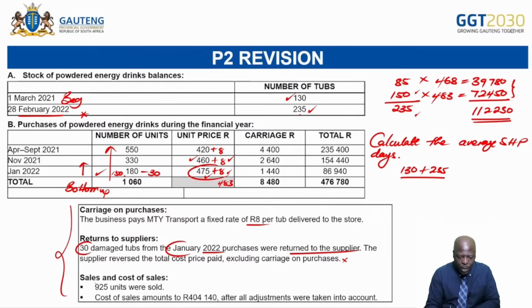So we're looking at the units sold. That is 925. So what is key is to know for how many months or what was the period that we had this particular product. So you can see here we had it from March and we are now in February. So this was for 12 months.